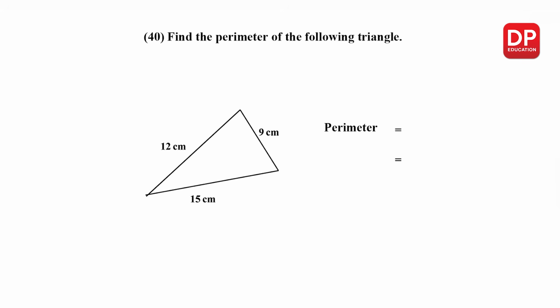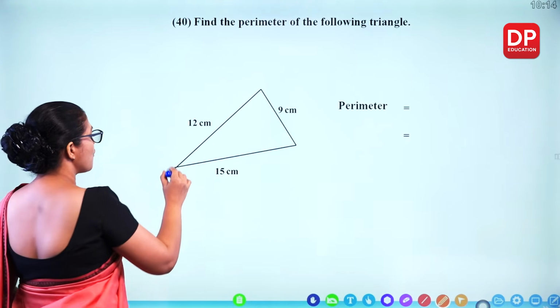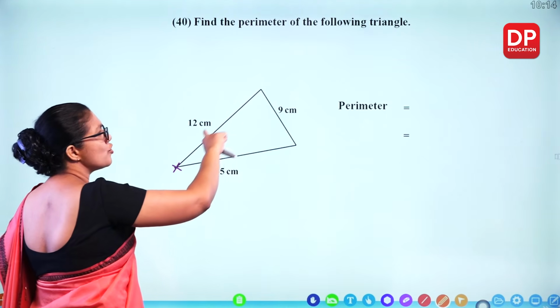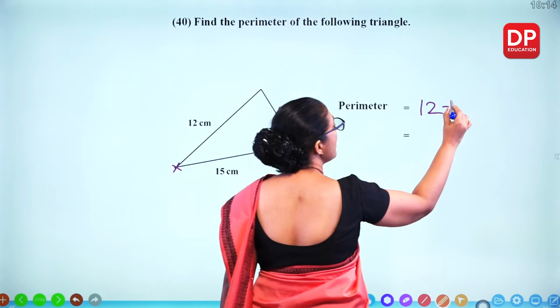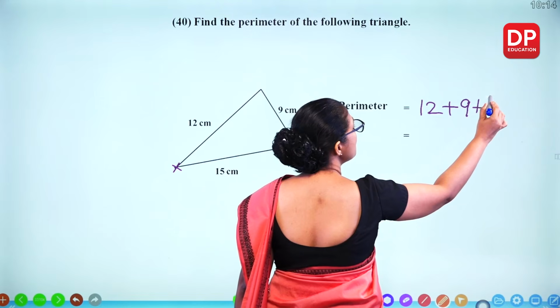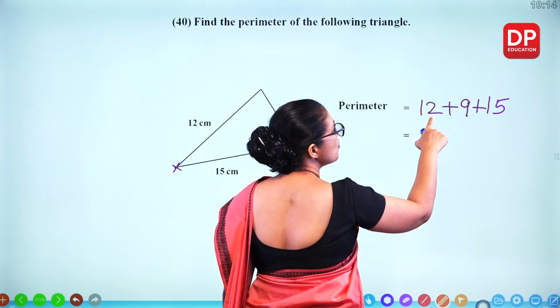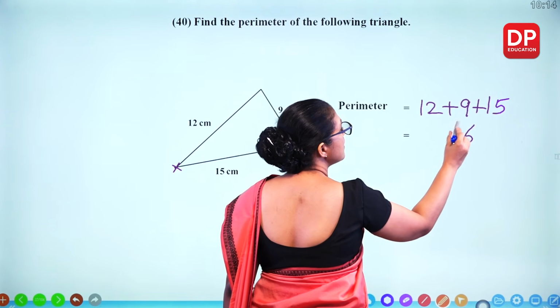Find the perimeter of the following triangle. You are given 3 lengths, so start from one place and go around. So you can add 12, 9 and 15. So what's the answer? 9 plus 2, 11, 11 plus 5, 16, 1 remaining and 3.